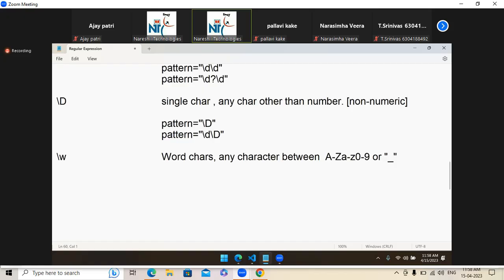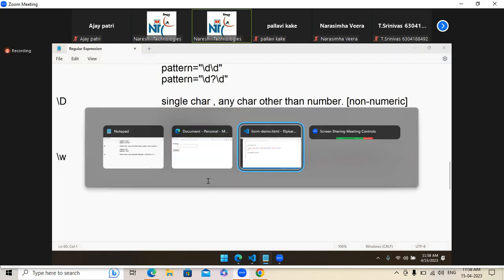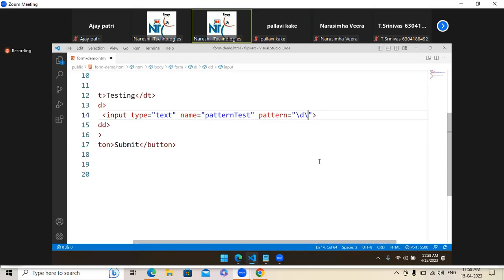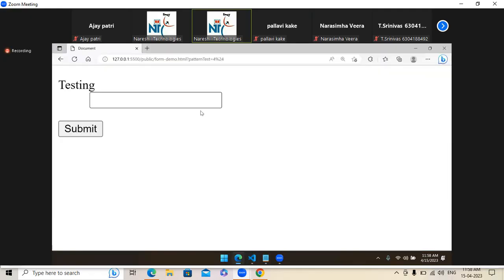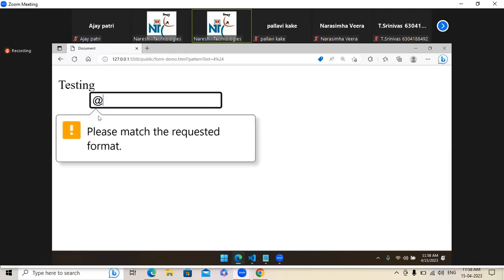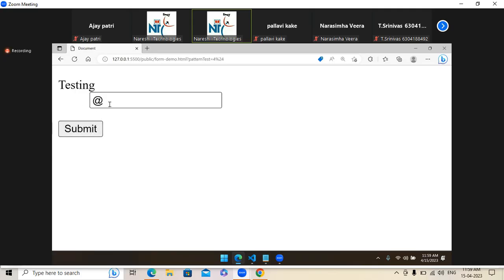To build a word, we use these characters. Underscore is a part of word characters, so underscore also comes when you define this, right? So you write like this: \w. You see, I entered dollar or at the rate, and it's not working. But uppercase alphabet is working.